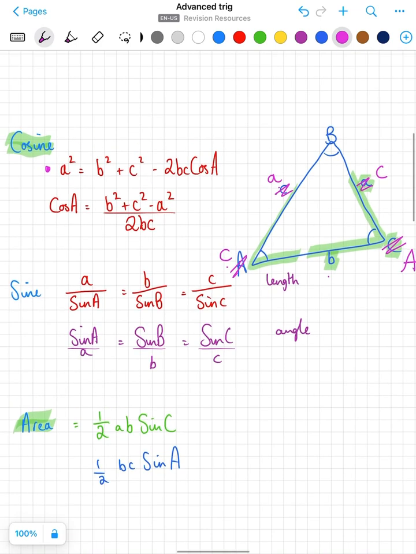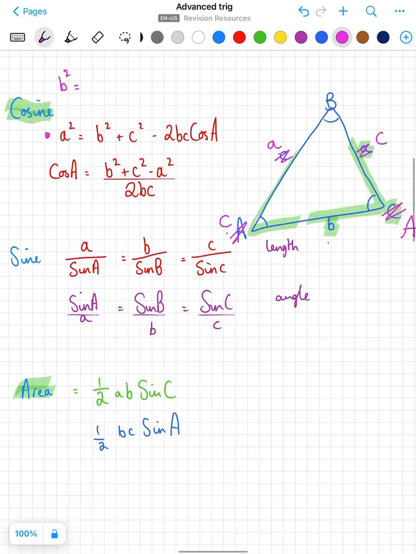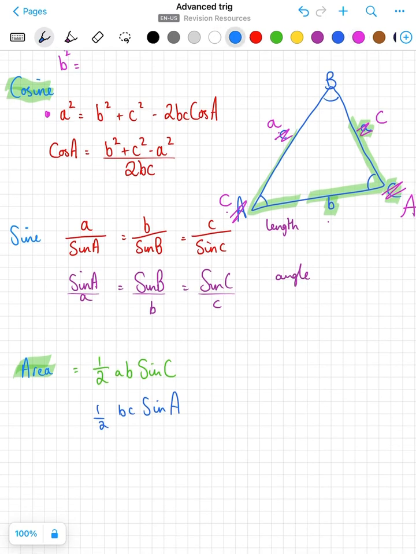What we mean by this is for the cosine rule, you can just learn it in terms of A, instead of having to learn the rule for b squared and the rule for c squared. So if you have yourself an angle sandwich, you can use the cosine rule or the area.